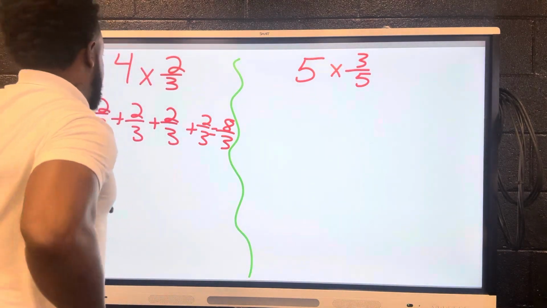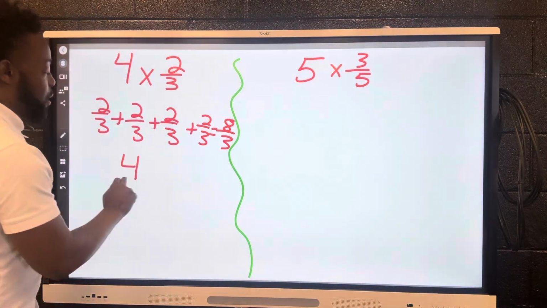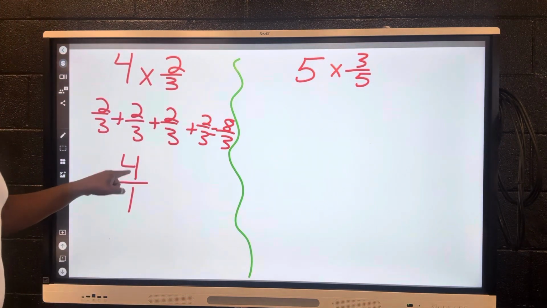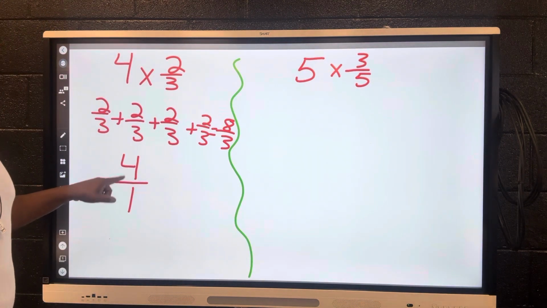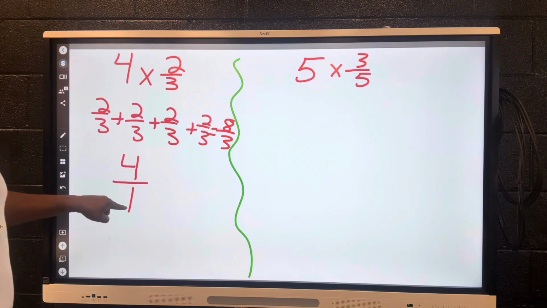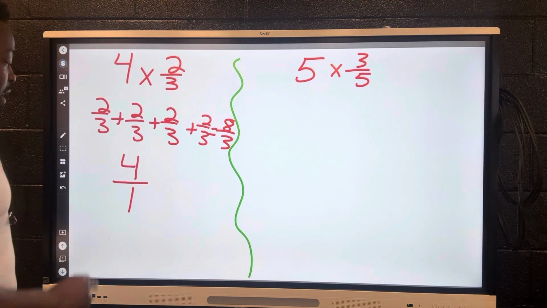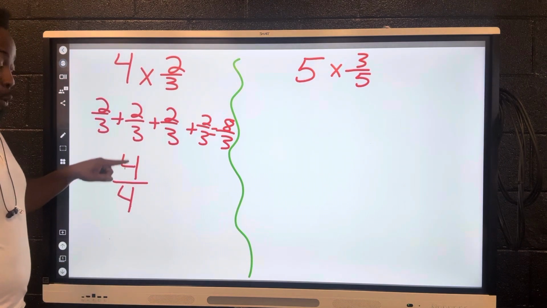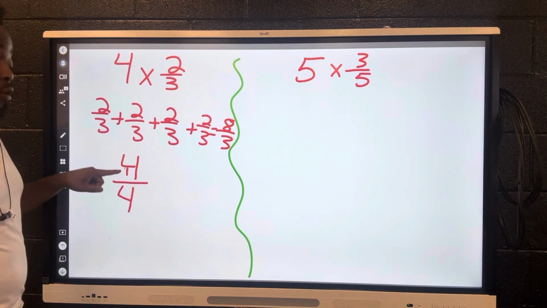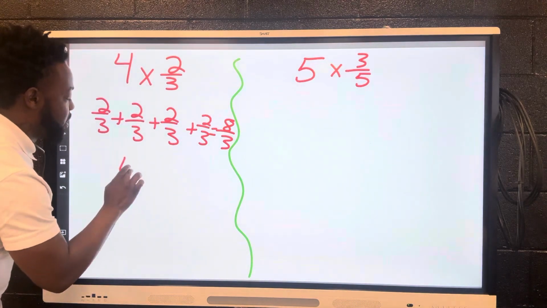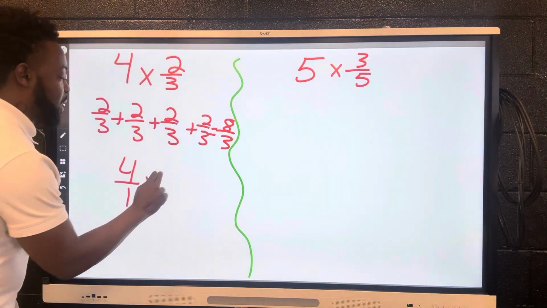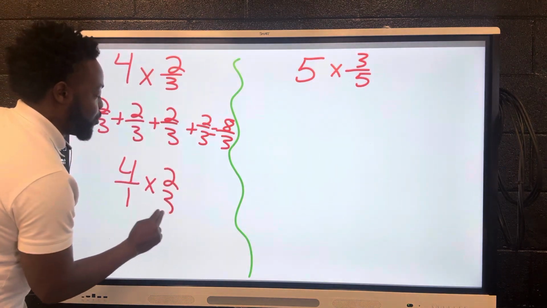Or I can multiply. I will convert the 4 to 4 over 1, because that's what 4 is as a fraction. A lot of people make the mistake of thinking this means 4 halves, but this actually means 4 over 1. So I put 4 over 1, and then I multiply that by my 2/3.